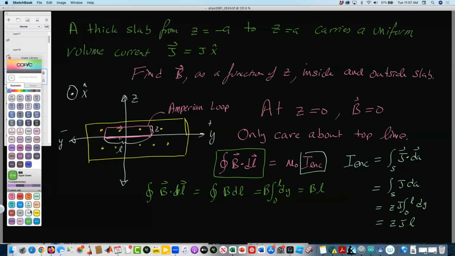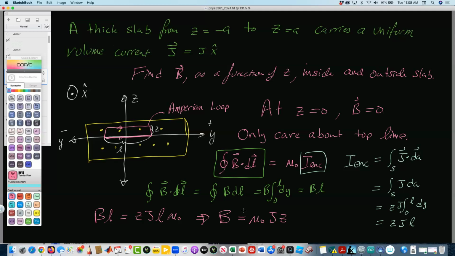Putting it all together, we get BL equals mu 0 Z J L. The L's cancel out and I get B equal to mu 0 J Z.